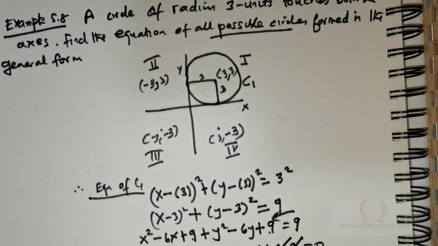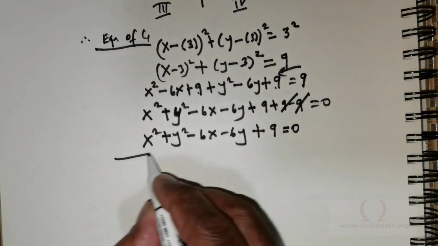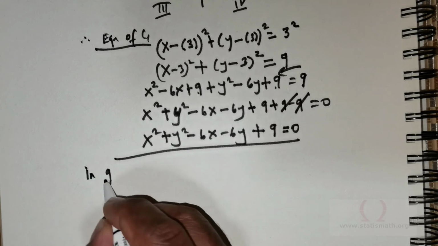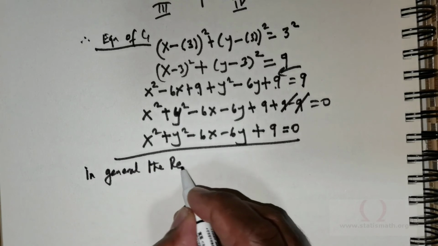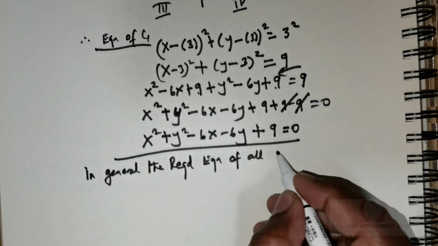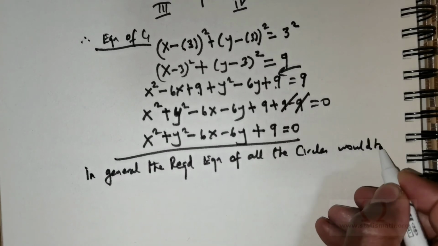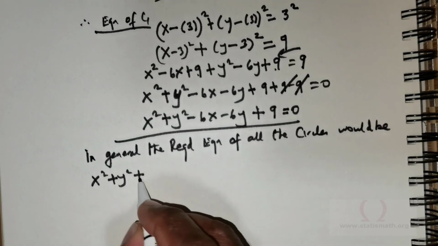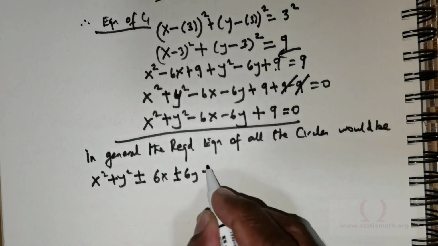Now if you were to repeat this process, then you will clearly find that in general the required equation of all the circles would be x² + y² ± 6x ± 6y + 9 = 0.